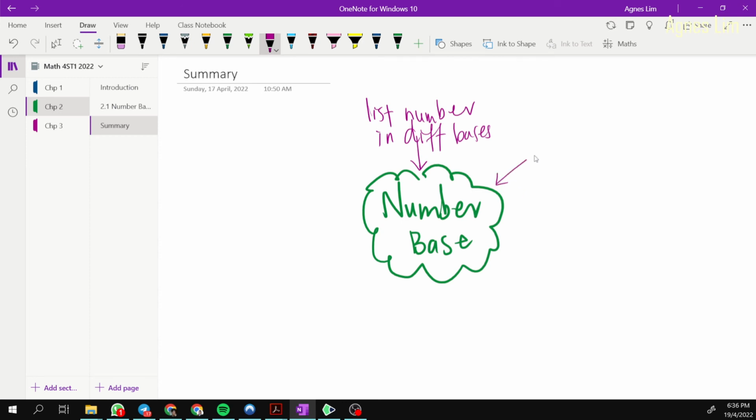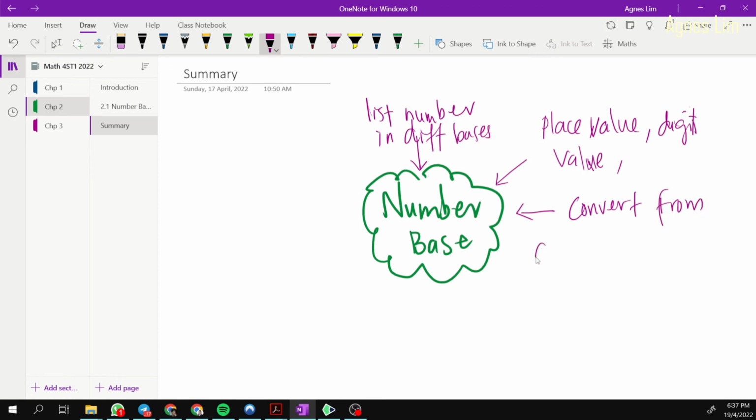And then we learn how to calculate the place value, the digit value, and the other one is to convert from another base to base 10.